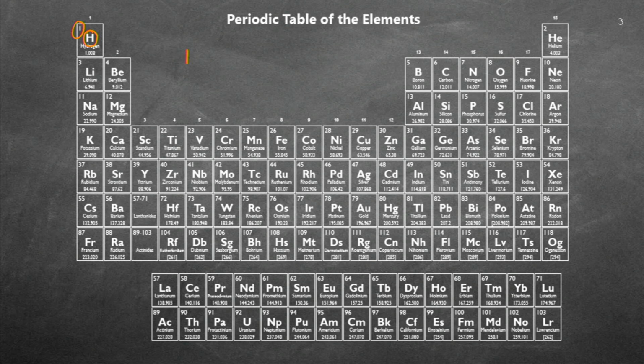The atomic number will tell you the number of protons as well as the number of electrons. That's why we have the specific sign there. It's a number that's allocated to each of the elements.